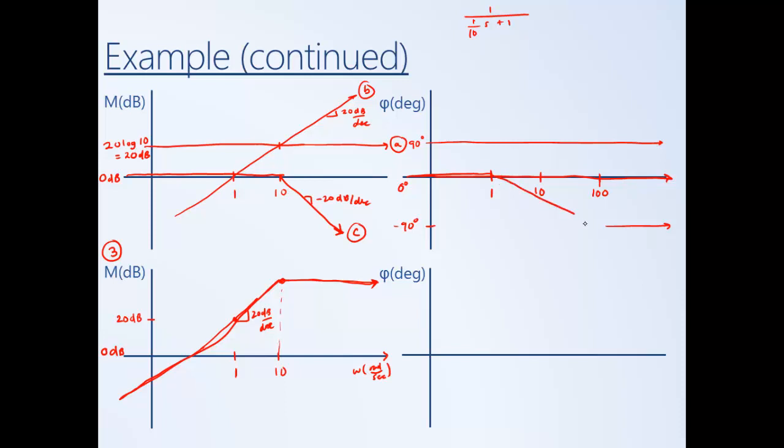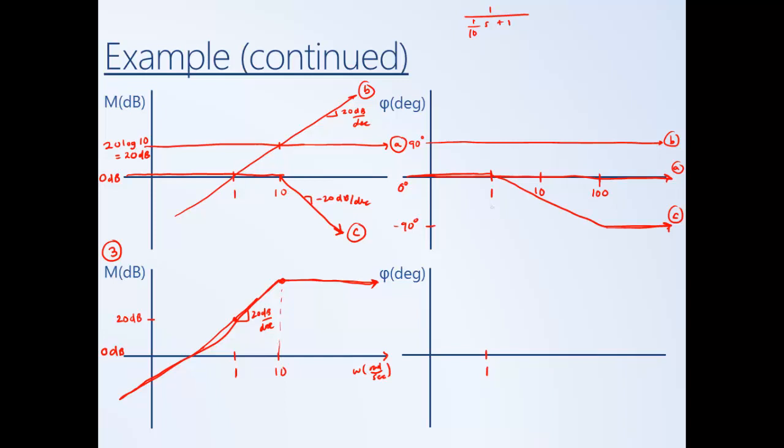And if we connect those two lines, we get that phase plot. So this is the phase plot of component A, this is the phase plot of component B, and this is the phase plot of component C. And we simply add them together, and so again, we can go to a particular frequency and add up the phases.